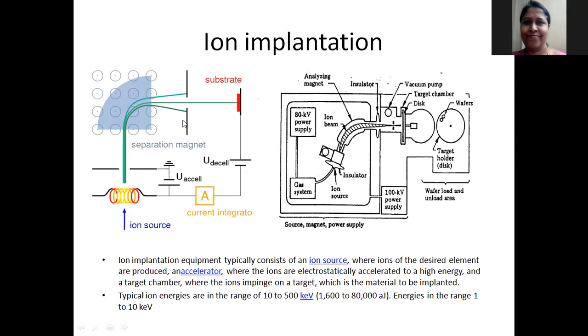This is done with the help of a magnet, and the current that is supplied to this ion source is drawn from this generator, which is connected to a very high power supply.